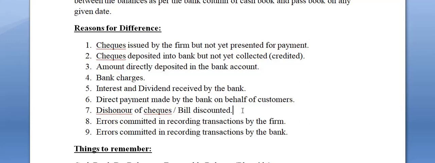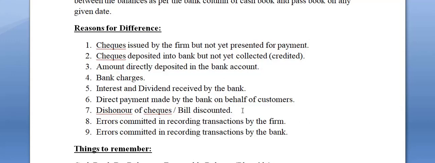For example, if actually the payment made by the bank was 1200, but in the cash book you wrote only 120, so there is a difference of 1080 rupees. So this is the difference that you can observe because of the wrong entry in the cash book.